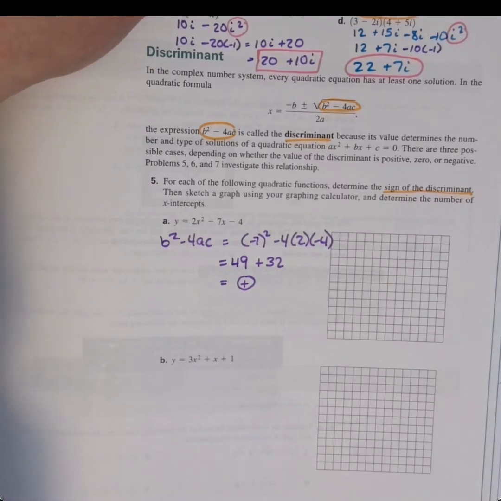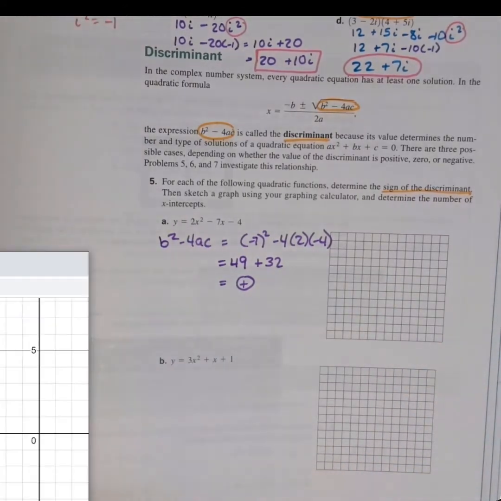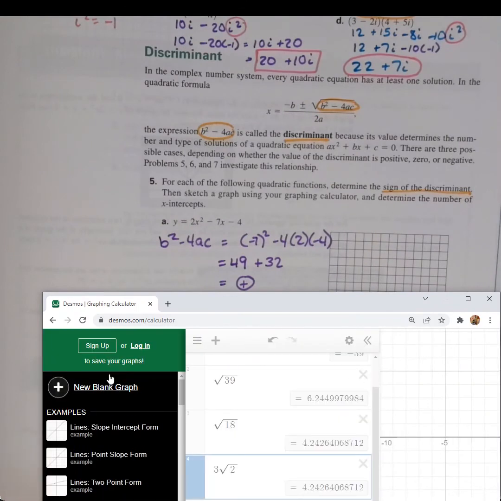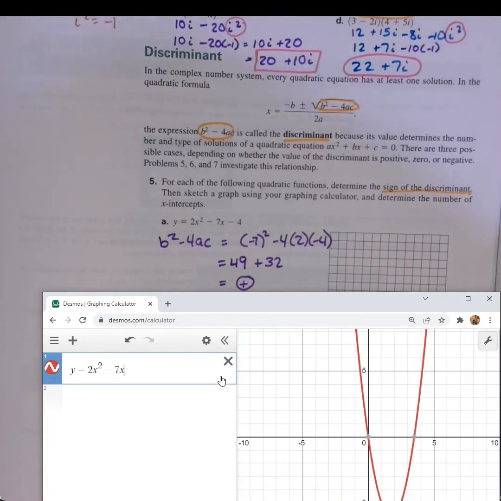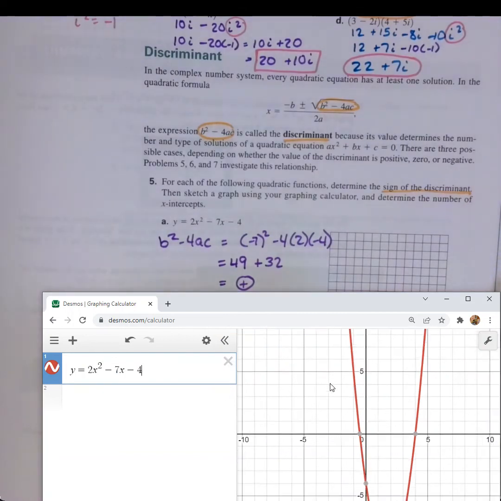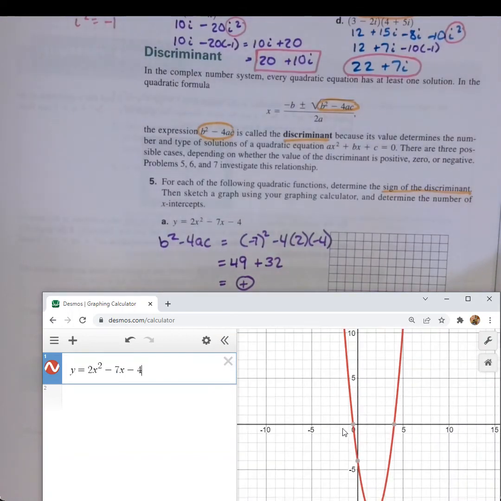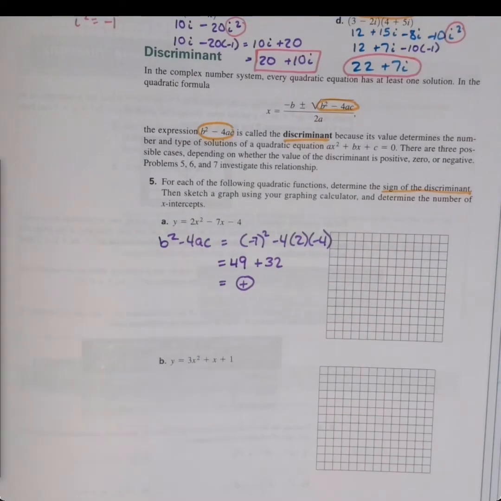Okay, so we're going to take a look at this picture. Just go ahead and make a new one. y equals 2x squared minus 7x minus 4. So you can see from the picture that you have 2 x-intercepts. Okay, so I'm going to draw my picture.